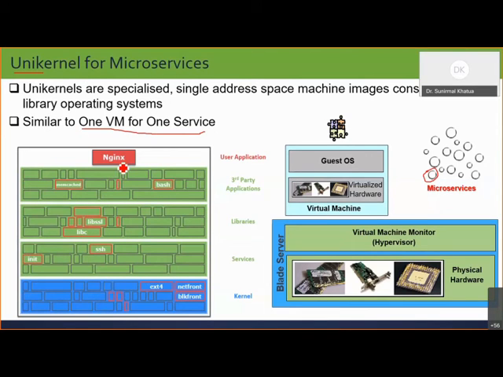Let us consider these unikernel applications to be running. NGINX, for example, let us take some service. If I want to run this NGINX service, NGINX is one such microservice. Now, the NGINX service uses different layered services: some third-party applications, some libraries, some operating system services, some kernel modules. But it does not use all the services of the layer.